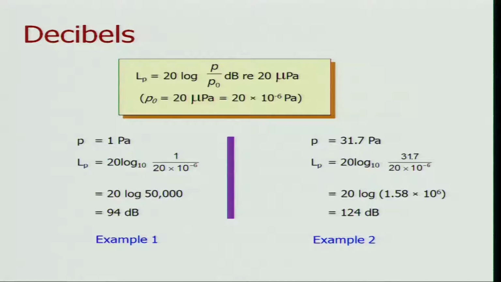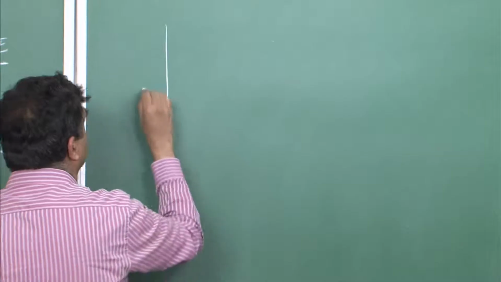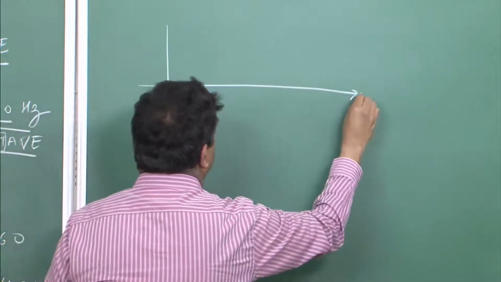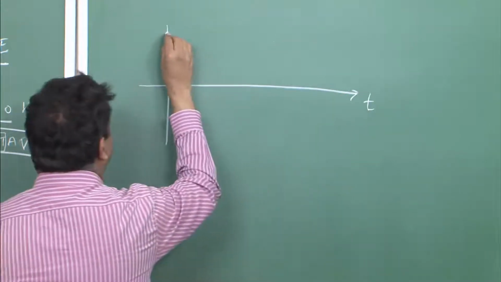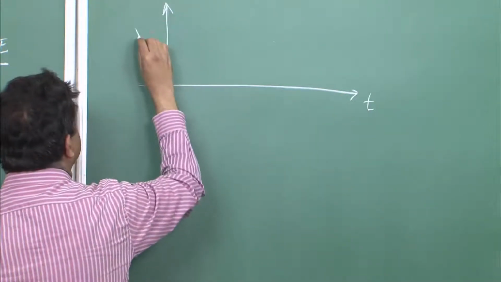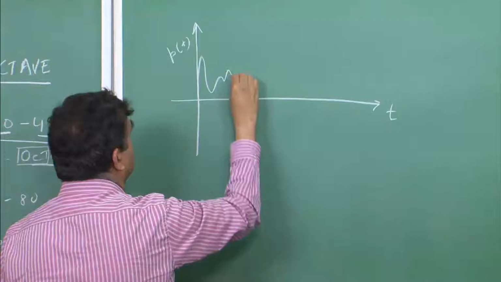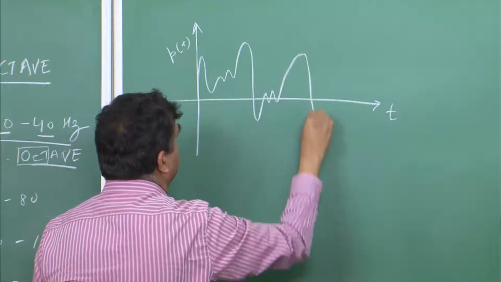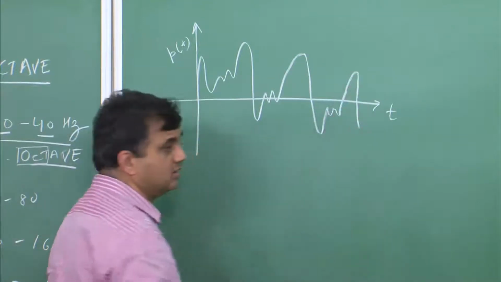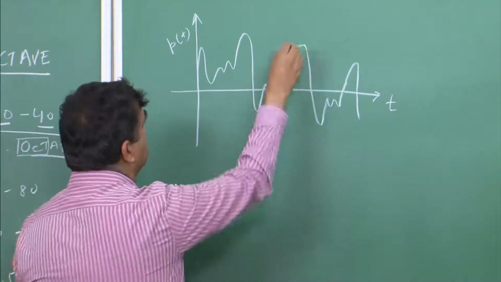Now, at this stage, I wanted to make one important clarification: this P here is the value of RMS pressure. What does that mean? Suppose this is my pressure level, and let's say this is my pressure recording.